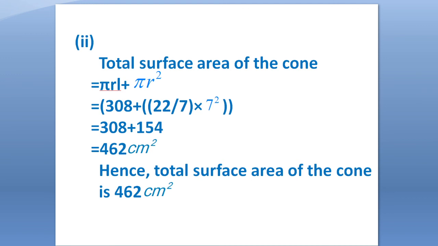So 308 plus 154 is equal to 462 centimeter square. So hence the total surface area of the cone is 462 centimeter square.